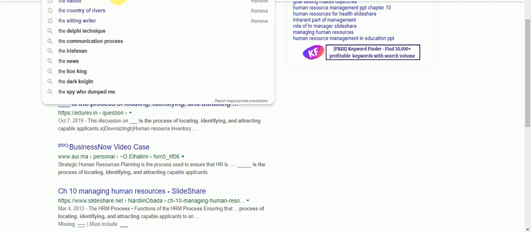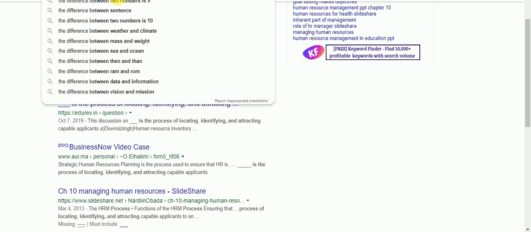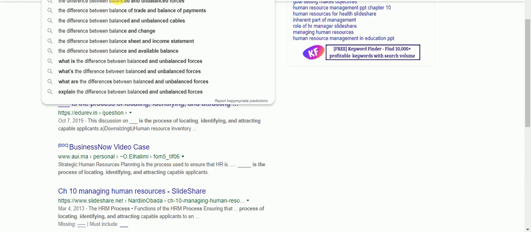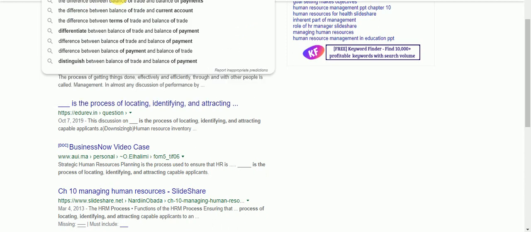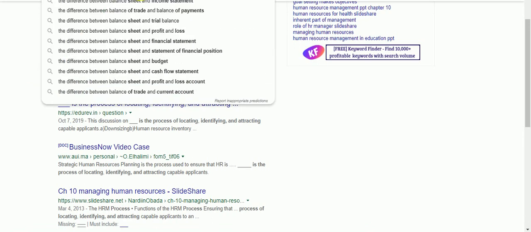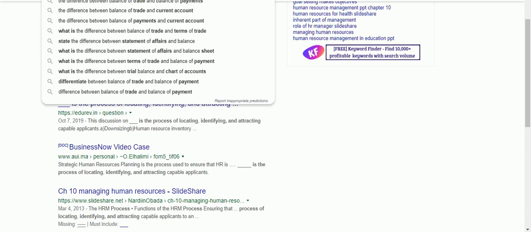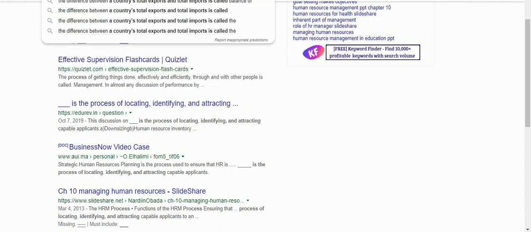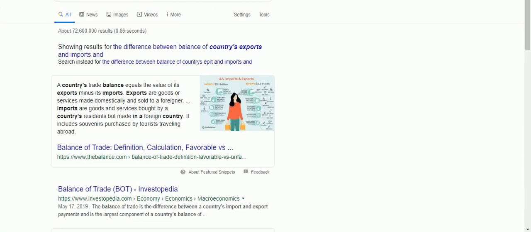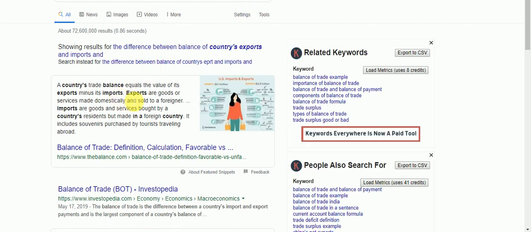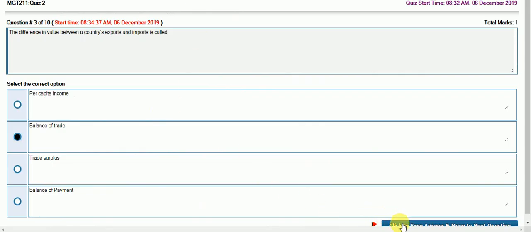Let's check out on Google. Yes, it's balance of trade.